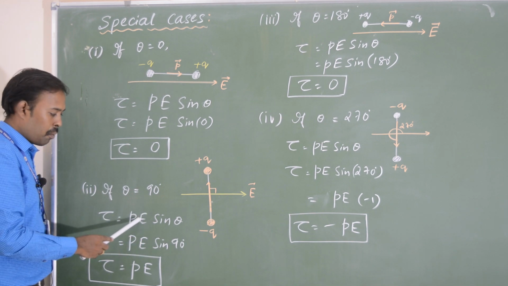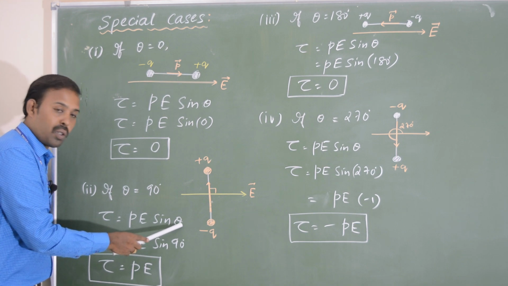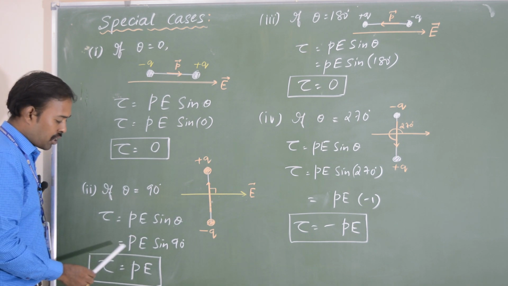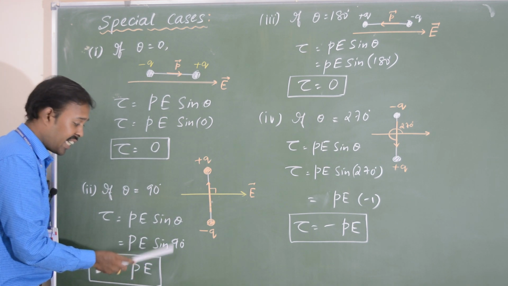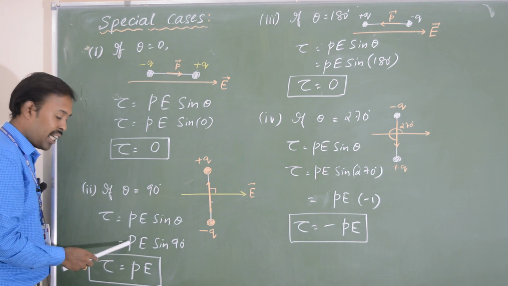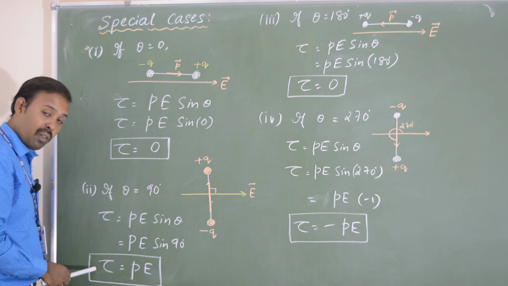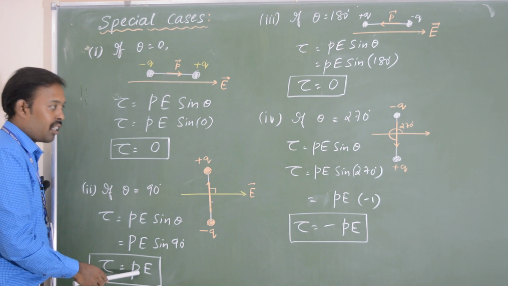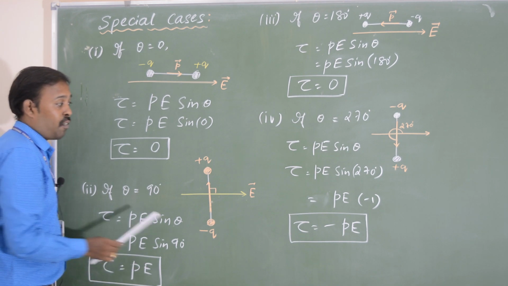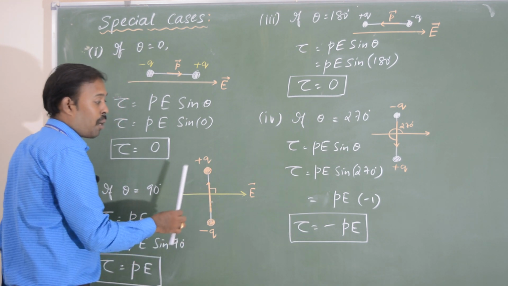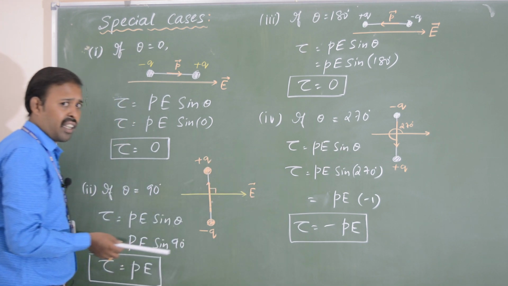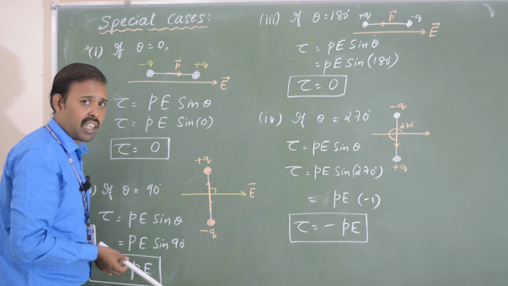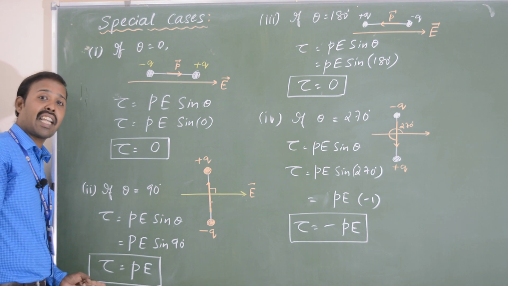Tau is equal to PE sin theta. Substitute 90 here. Now what happens to this? What is sin 90? Sin 90 is 1. So 1 into PE. So what do I get? Tau is equal to P into E. That means if the dipole is perpendicular to the direction of electric field, or normal to the direction of electric field, it is experiencing a torque.